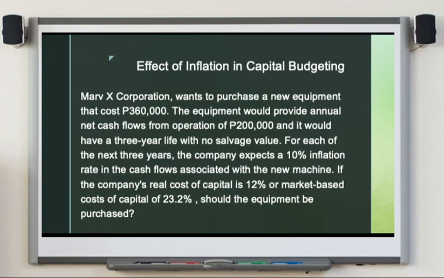And then finally, let us check if there is an effect on the capital investment of the infusion of inflation.